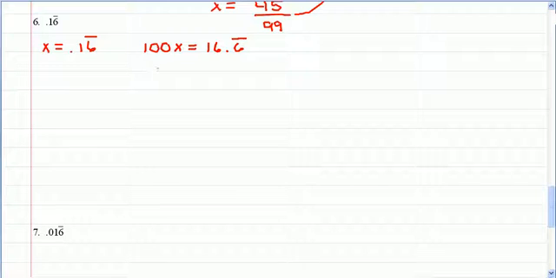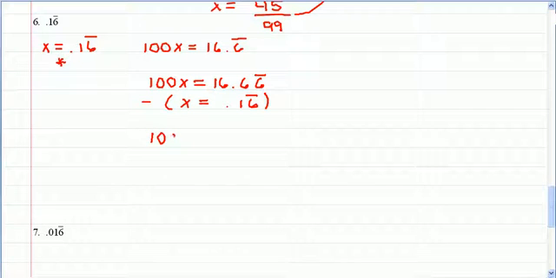So before I subtract this equation, I'm going to rewrite this as 100x equals 16.6 and then 6 repeating, because when I subtract the equation x equals 0.16 repeating, I need the same number of decimals to line up with the repeating symbol so that when I subtract, only the repeating part will cancel.